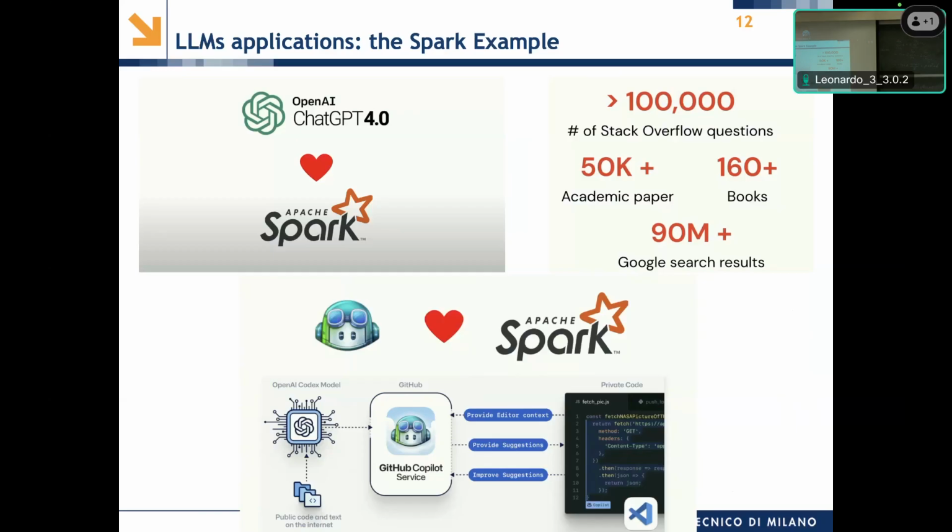It's an in-memory framework that is used to perform parallel processing for big data analysis and big data machine learning too. And actually, they have also integrated it with Spark. GitLab code was part of the training of ChatGPT-4, and you can also ask, please give me the code for doing this analysis.